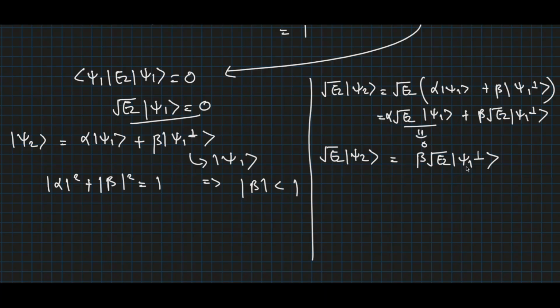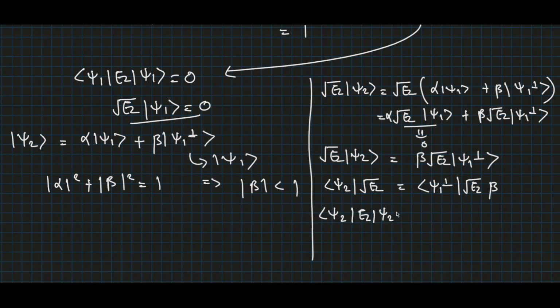So if you take the conjugate transpose of this equation, we'll have bra of psi 2 times root under E_2 equal to bra of psi 1 perp times root under E_2 times beta. And if we multiply both the equations, we'll have <psi 2|E_2|psi 2> equal to beta squared <psi 1 perp|E_2|psi 1 perp>.